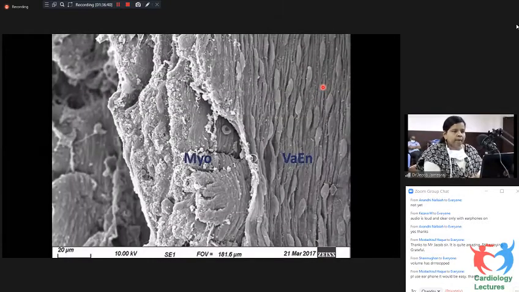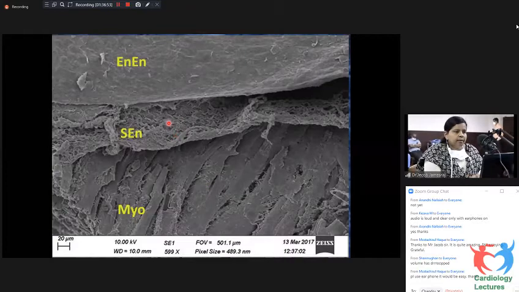So this is the parietal pericardial layer lined by mesothelial cells, and there is a fibrous tissue, and this is the visceral pericardial layer over the myocardial cells, and this is the inner surface.